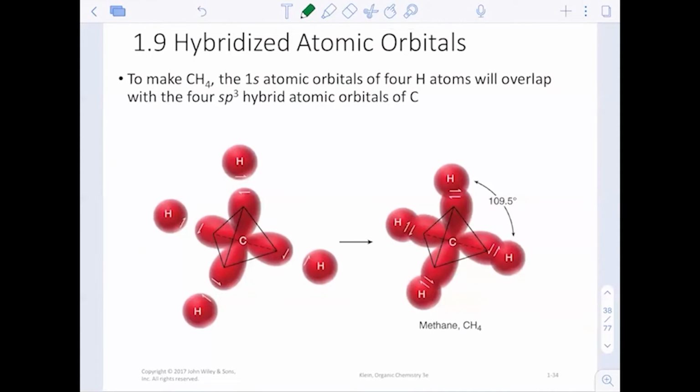And so when carbon bonds with hydrogens to make CH4, we take that 1 S orbital and we take the sp3 orbitals and we merge them together. So we have a carbon that is sp3 hybridized bonded to a hydrogen that is S atomic orbital unhybridized.